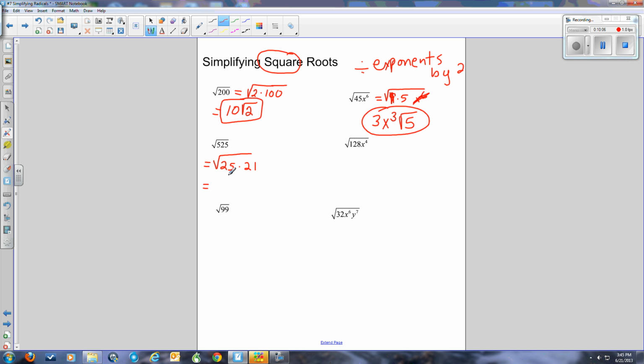Now we can take the square root of 25, which is 5, and we're left with the 21 under the radical. And you ask yourself, well, can I break 21 down into anything that has square roots? I could do 7 times 3, and that would be about it. And 1 times 21 isn't going to get us anywhere, so we can't take the square root of either 7 or 3, so we're stuck with 5 square roots of 21.